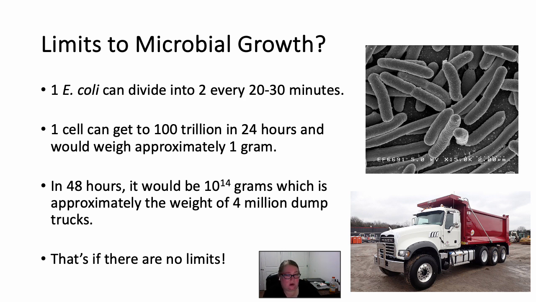So that 1 E. coli cell, I did the math, in 24 hours can become 218 trillion cells. About 100 trillion cells weighs approximately 1 gram, so after 24 hours we get about 2 grams of bacterial cells.